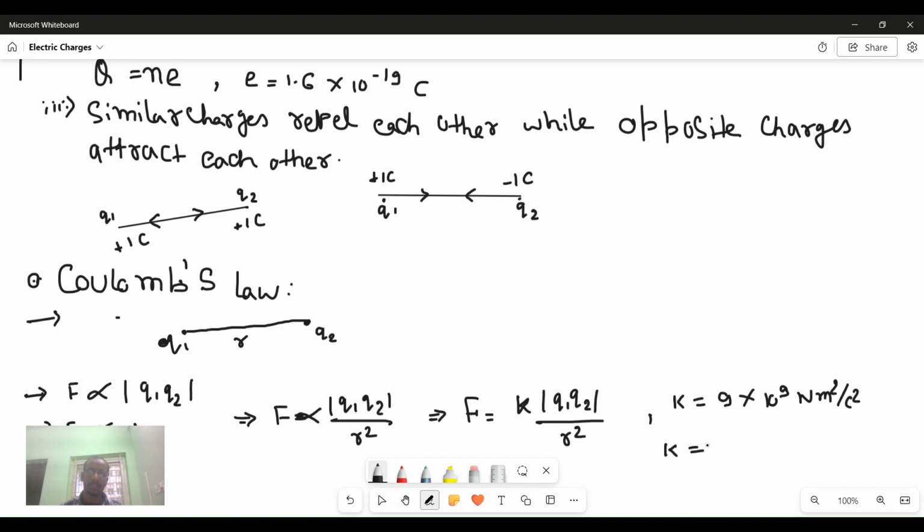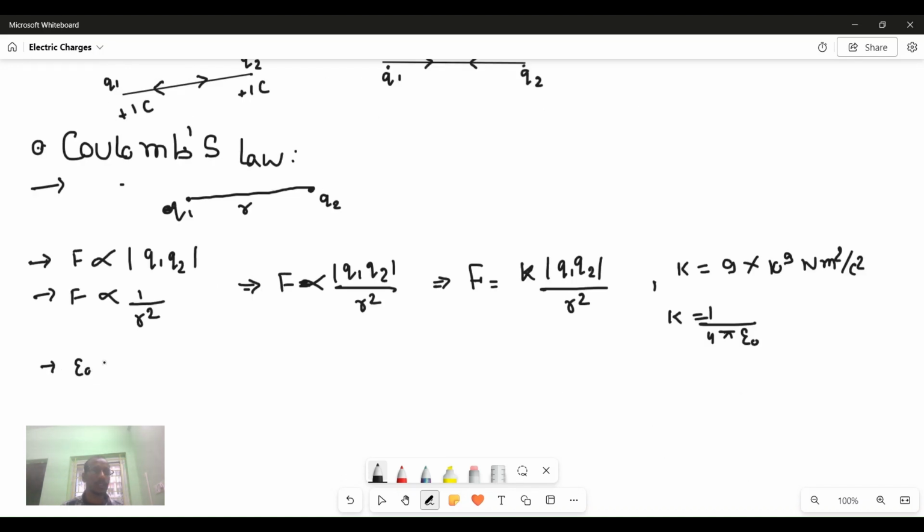We also know that k = 1/(4πε₀). Epsilon naught is the permittivity of vacuum space, whose value is 8.85 × 10^-12 coulomb squared per Newton meter squared.